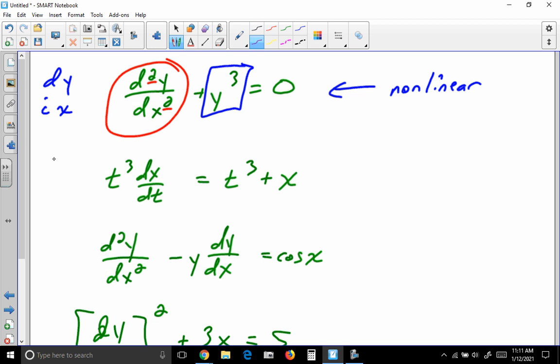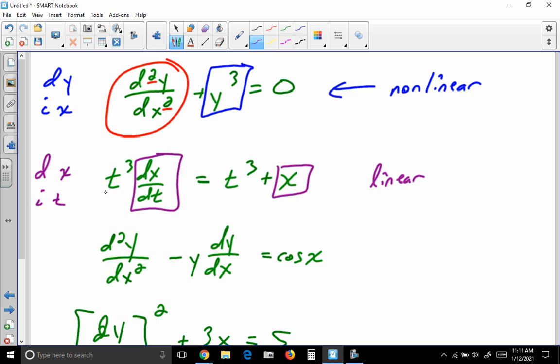All right, so let's take a look at the next one. Our independent variable is t. The dependent variable is x, so if we have a differential, we can't have a coefficient of x. We can't have x to the first power as a coefficient, or x to any other higher power, in other words. This actually is linear for that reason.